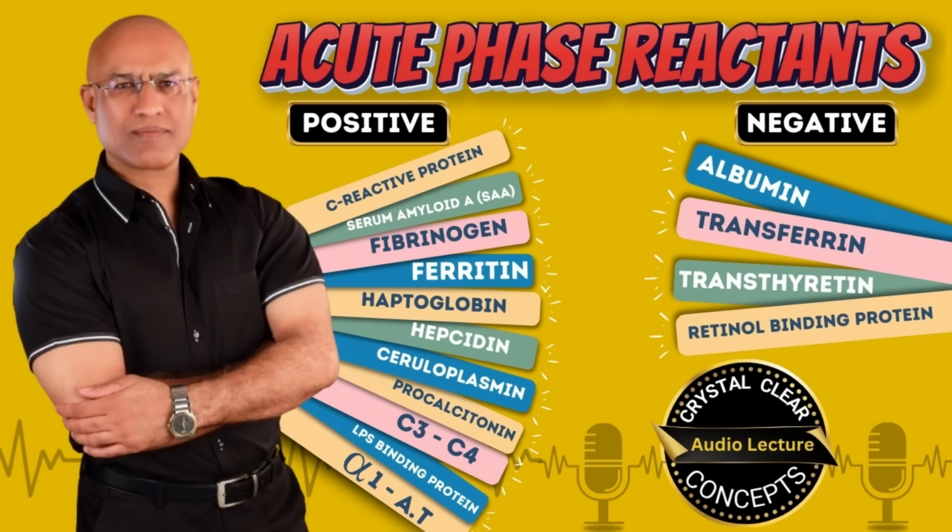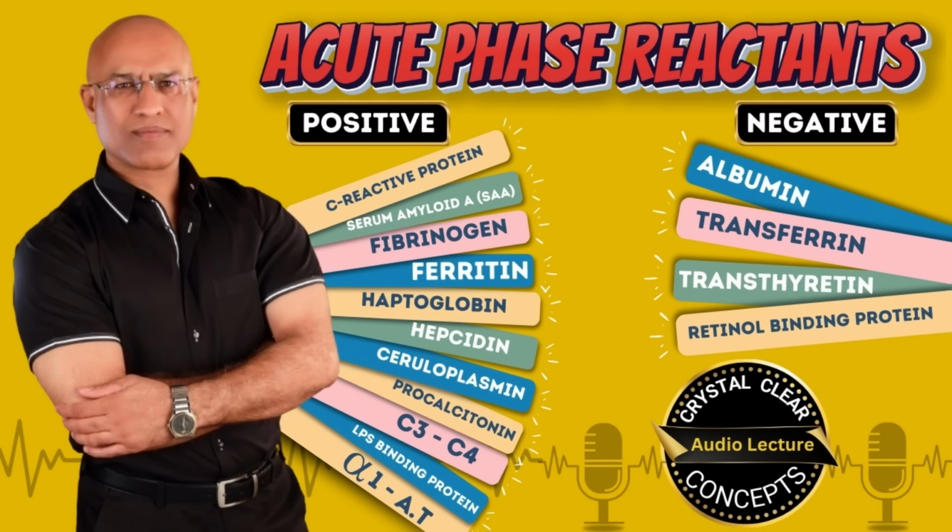But I don't want you to remember all of them. Just remember 3 or 4 most important cells, which you should not forget. Whenever tissue is damaged, dendritic cells are activated, neutrophils are activated, macrophages are activated, right? And natural killer cells are activated. This is the minimum you should remember.